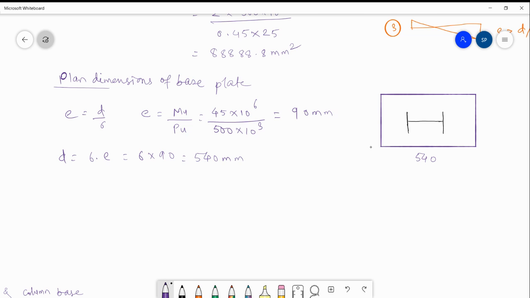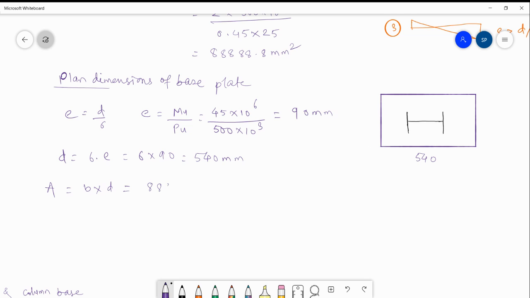Now the area required is with us. So area will be equal to B into D. Here the D value is 540, so that value is already with us, and you have to find the B value.